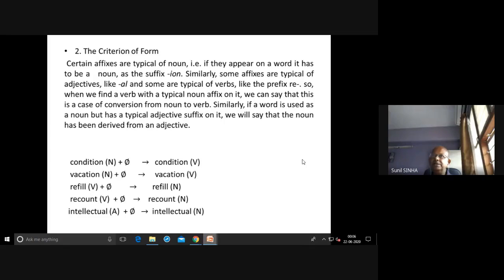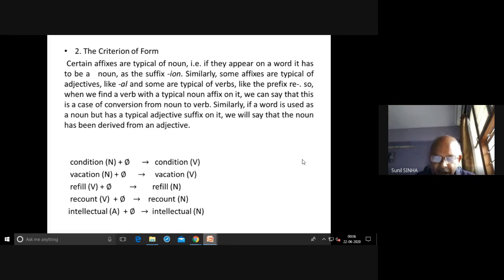Rewrite. Redo. In your assignments, some people might have got redo. Redo, rewrite. Right. Similarly, refill. Refill means to fill again. Recount.